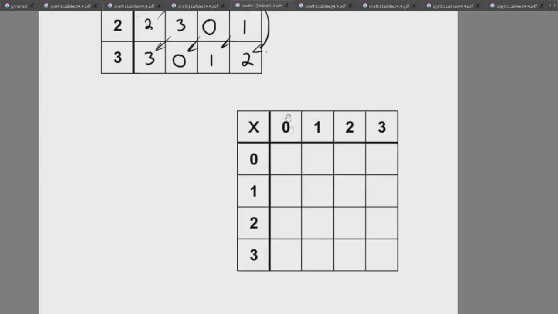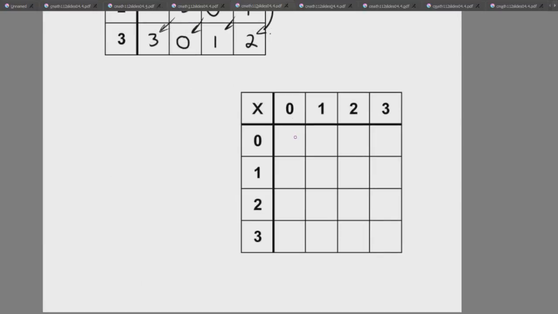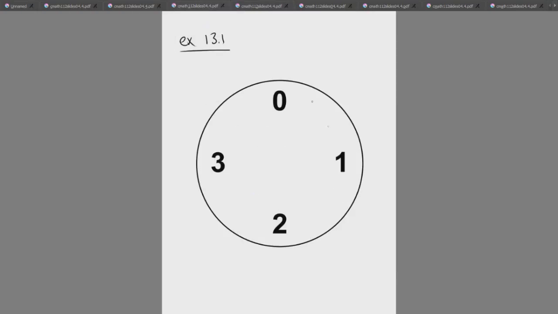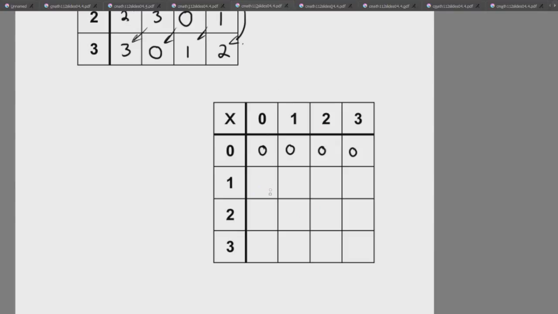Now multiplication is perhaps a little bit more challenging. 0 times anything is still going to be 0. I'm still performing the normal calculations, but my answer is restricted to one of these numbers. 0, 0, 0, because 0 times anything is 0. 1 times 1 is 1. 1 times 2 is 2. 1 times 3 is 3.